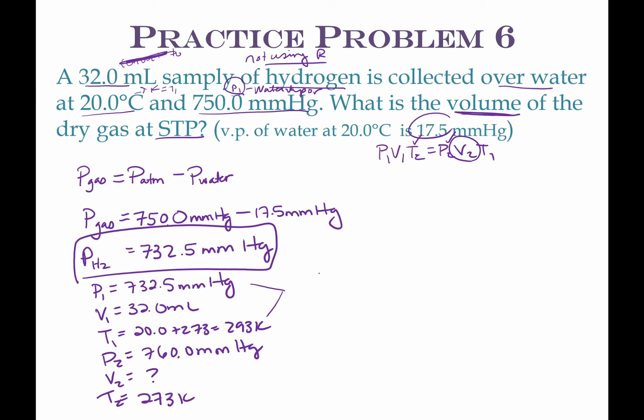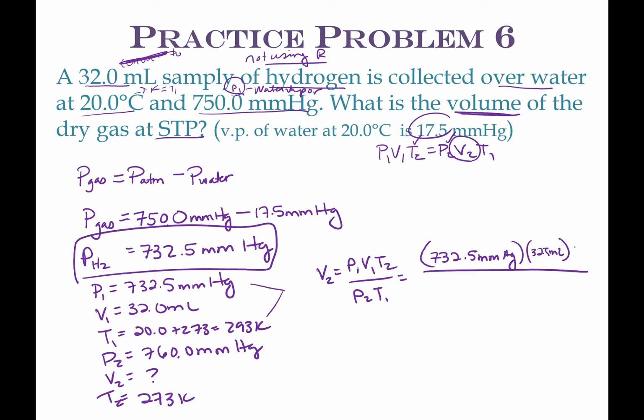So V2 is equal to P1 V1 T2 divided by P2 T1. So we plug in those values. P1, 732.5 millimeters of mercury. Might run out of space here. V1, 32.0 milliliters. And T2, which is 273 Kelvin.